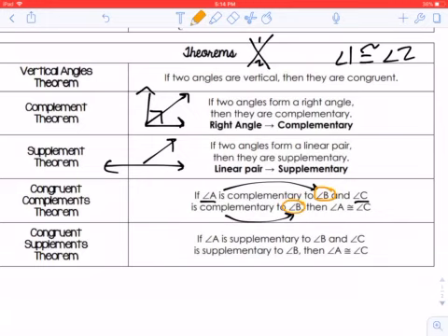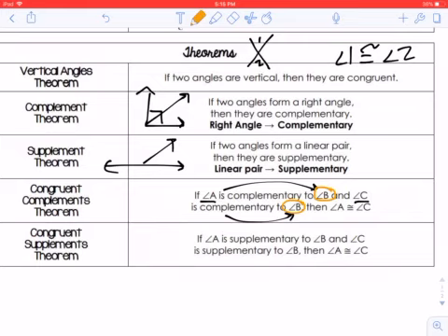So what does it mean to be complementary to something? It means that they add up to 90. So if A is complementary to B, let's say B is 30 degrees, because we always measure angles in degrees. A is complementary to it, so A has to be 60 degrees. If C is also complementary to B, well, B is still 30 degrees, so guess what? C also has to be 60 degrees.